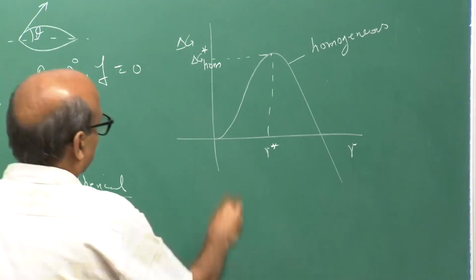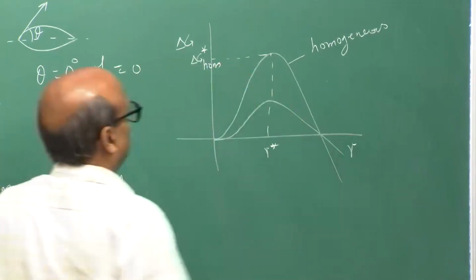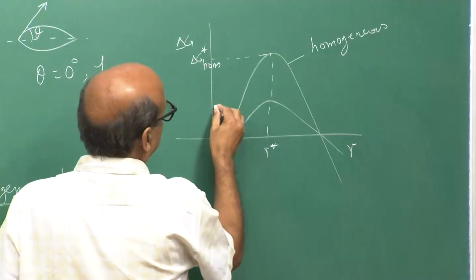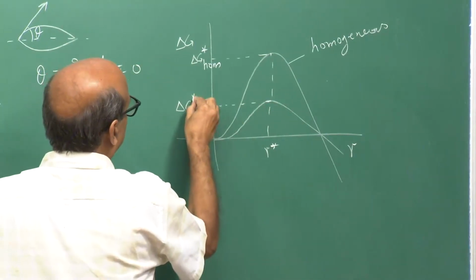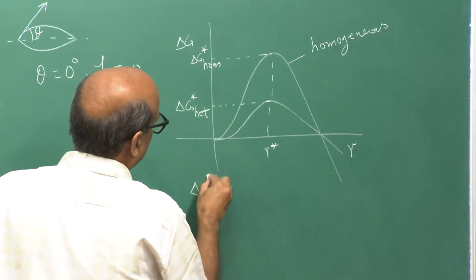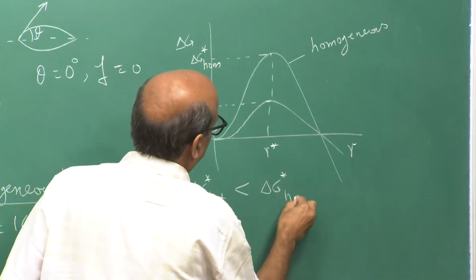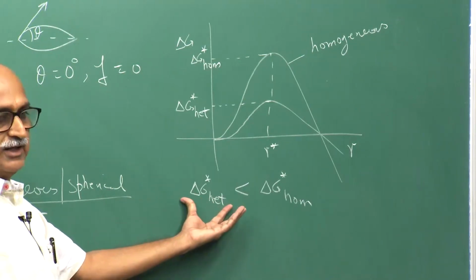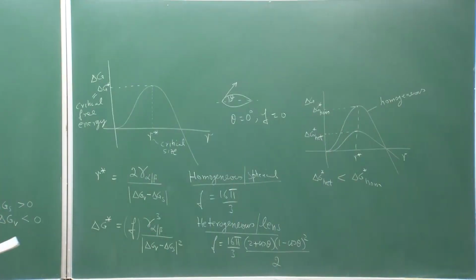In the case of heterogeneous nucleation, the shape would be something like this with the same critical radius r, while the barrier to nucleation delta G star heterogeneous is less than delta G star homogeneous, and for very small contact angles delta G star heterogeneous becomes very, very small.